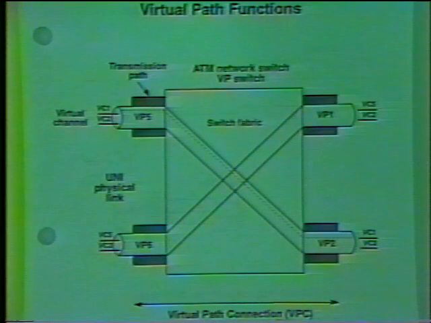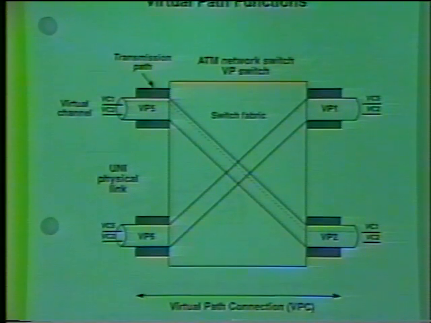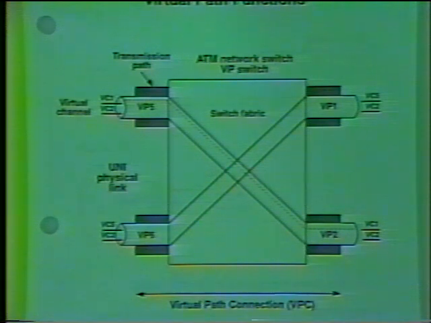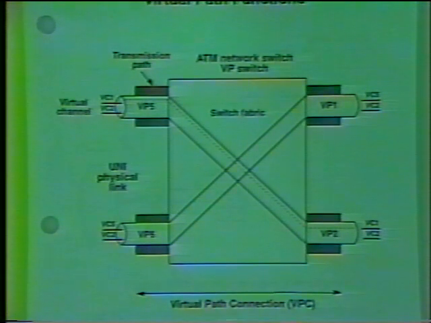Okay, jumping back a few pages, talk about virtual path functions. This is moving back to page 17. So here I'm trying to show an example of a PVC, or a permanent virtual channel.